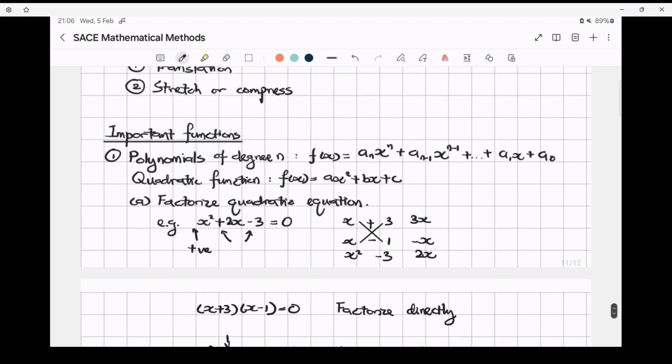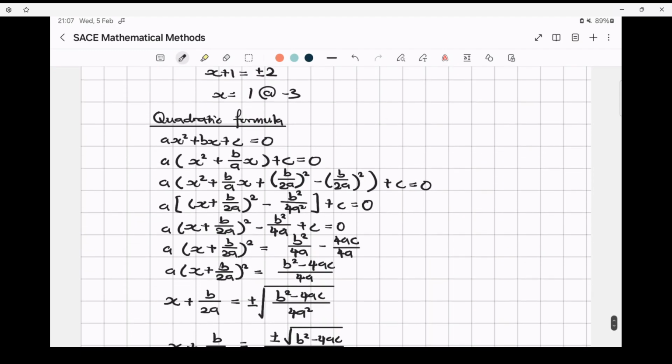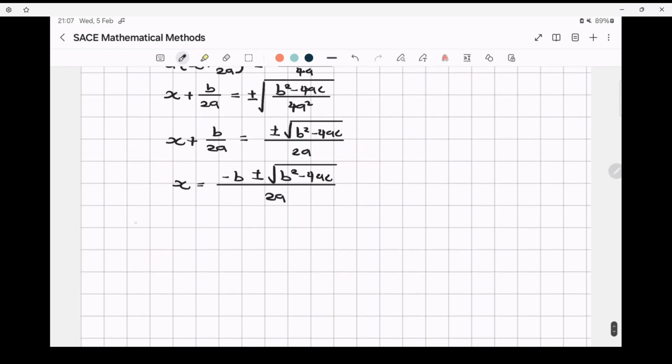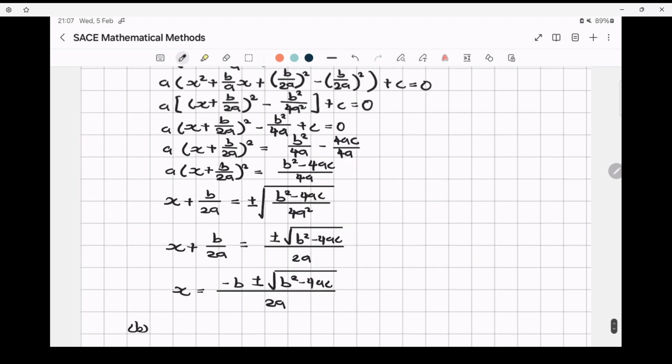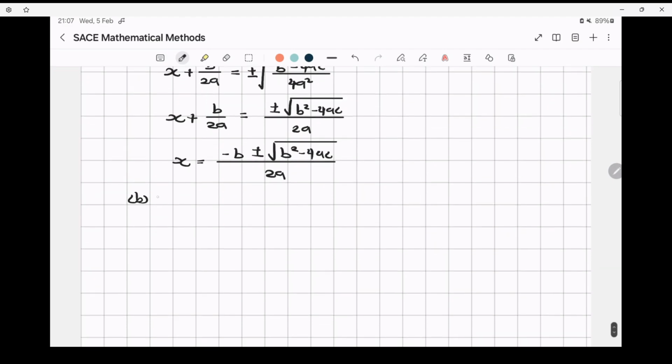So of course, the first thing that you need to know for quadratic function or for quadratic equation is to know how to factorize it all three ways. Then the second thing that you need to know specifically for quadratic equation is how to sketch the graph.